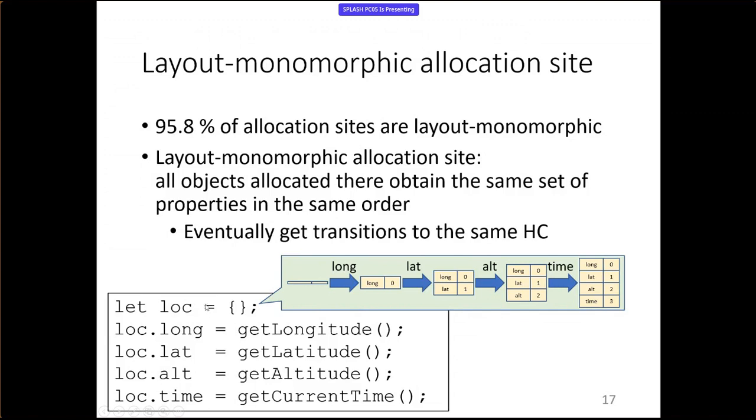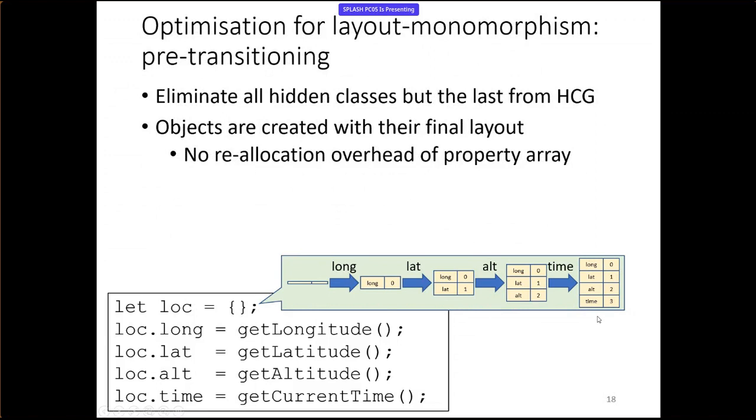For a layout monomorphic allocation site, the objects eventually have the same hidden class. For this, we can apply pre-transitioning. So we eliminate all hidden classes but the last from the hidden class graph.